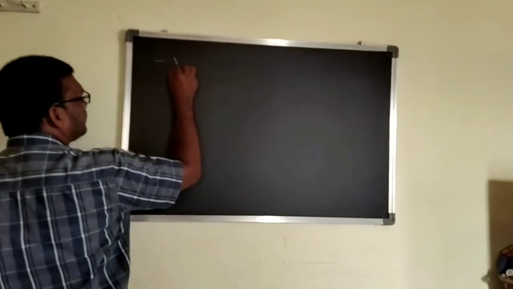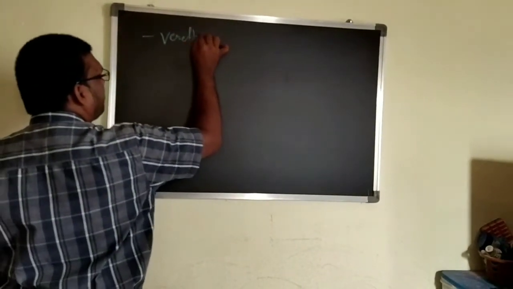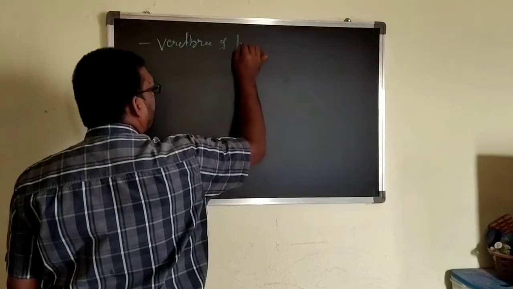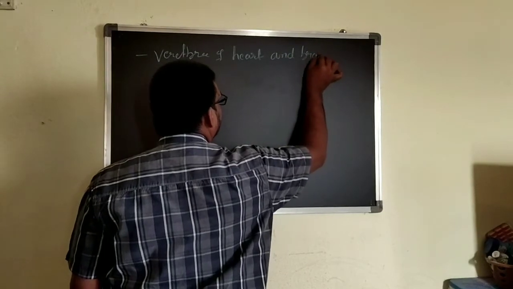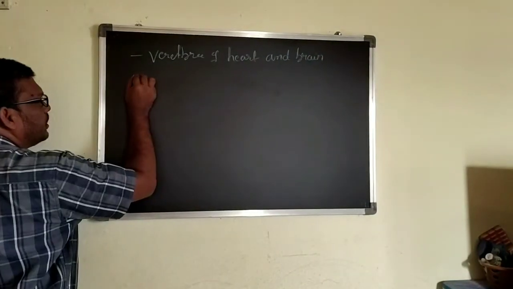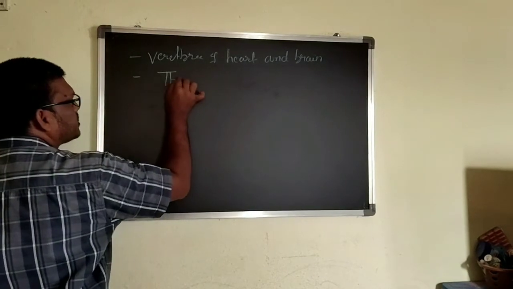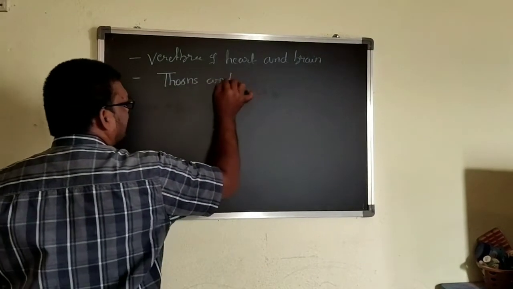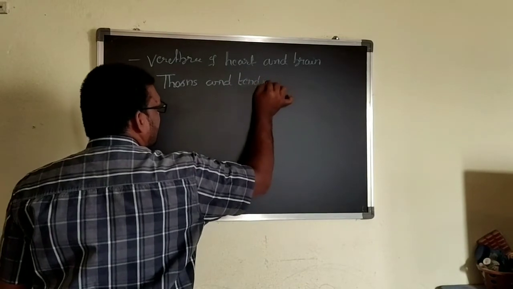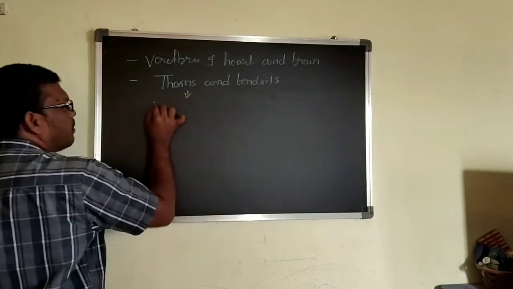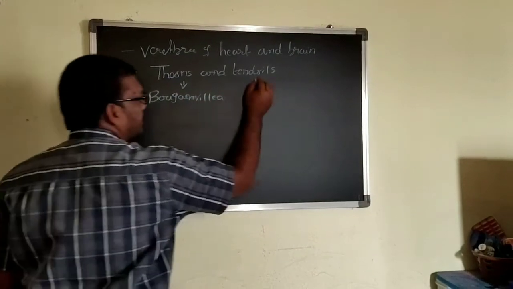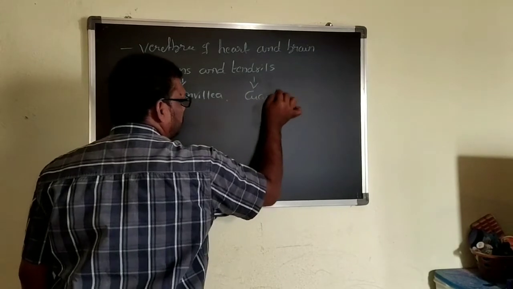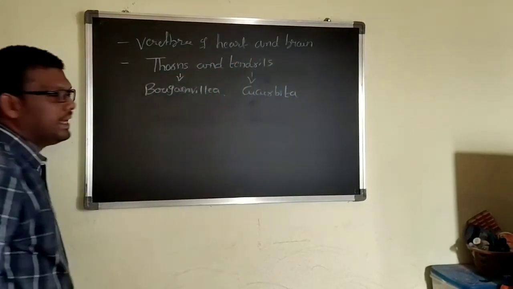Other examples are the vertebrate heart and brain, and the thorns and tendrils of bougainvillea and cucurbita. These are some of the examples.